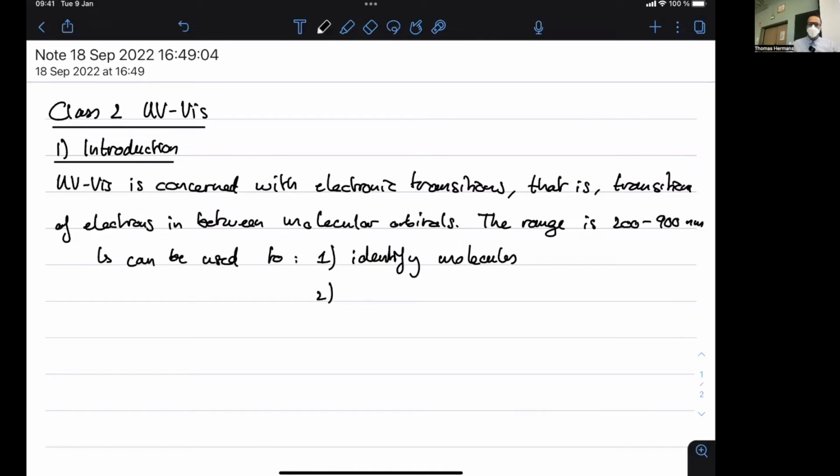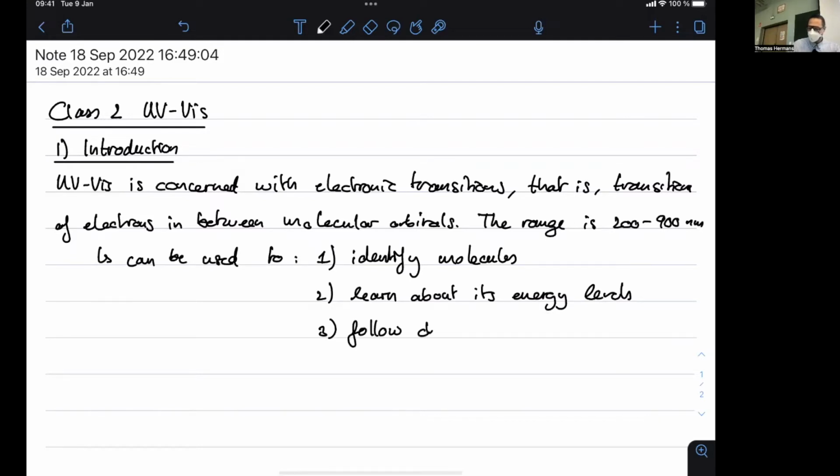Okay, there we go. So you can identify molecules and you can learn about the energy levels. I said in the previous class, spectroscopy is kind of applied quantum physics or quantum chemistry, because you can actually see the energetic levels in the molecules. You can follow chemical reactions.